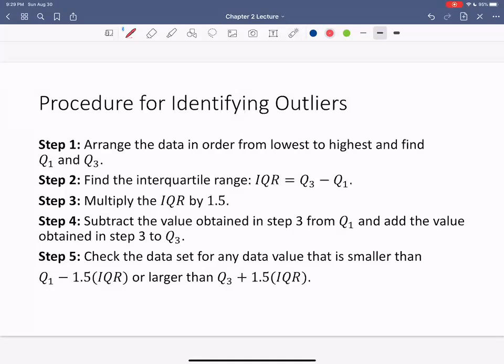Once you find the IQR, multiply it by 1.5. Then take that number and subtract it from quartile 1, and also add it to quartile 3. Now you have two numbers, and we're trying to see if there are any numbers that lie outside of those values. It's probably easier for me just to show you.